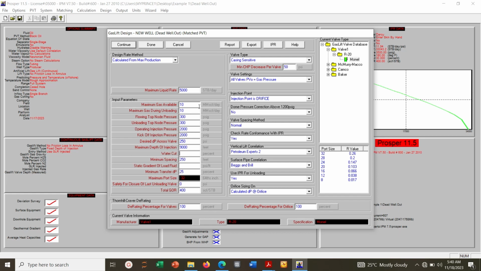While designing a well, we enter a water cut that is higher than the current water cut. This is for the purpose of future increment in water production.